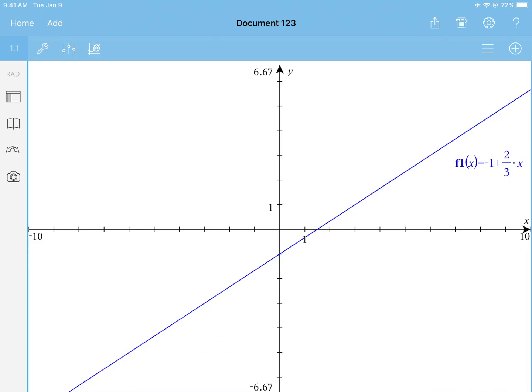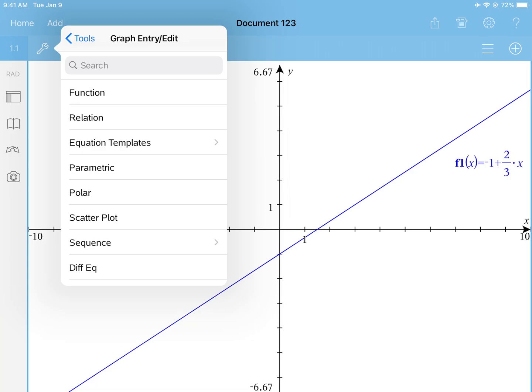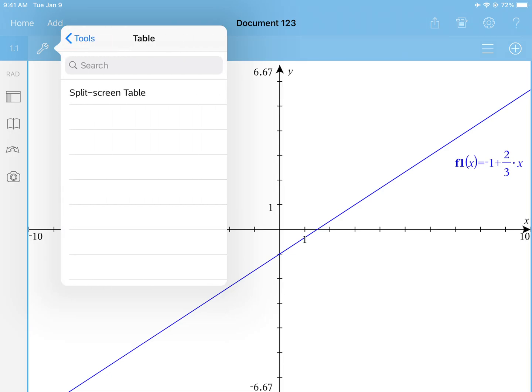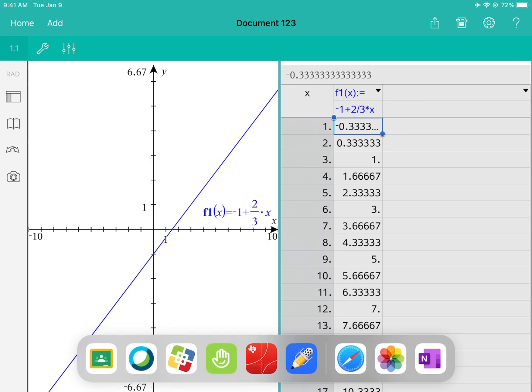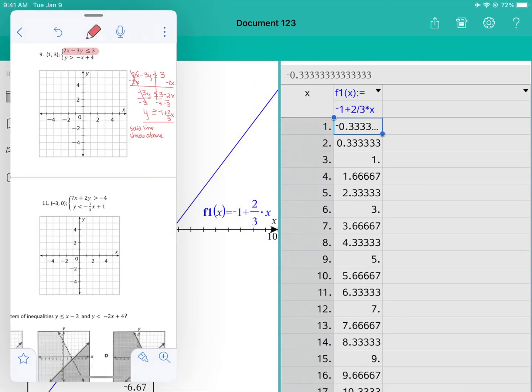I hit enter. Okay, to get the table, Control T, or we go to menu. If it happens to be like this where you can't see anything, you can always hit this back tool button. And we're going to hit table and split screen table. Okay, I'm going to lay the notes on top so I can plot them at the same time.